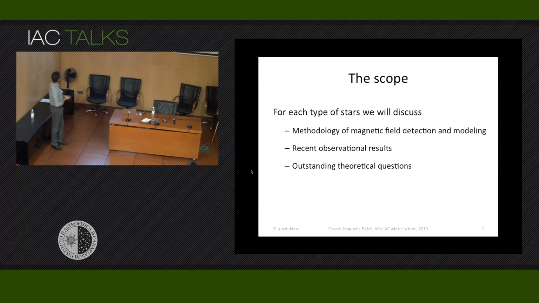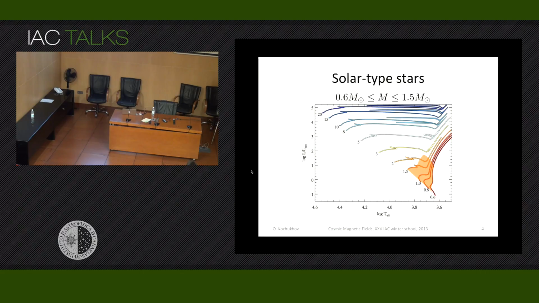And in this overview, I decided not to spend too much time on the historical overview, so I will not tell who were the first who observed these stars and so on. So I will start with solar type stars, and here I define solar type in the broadest sense of this word.